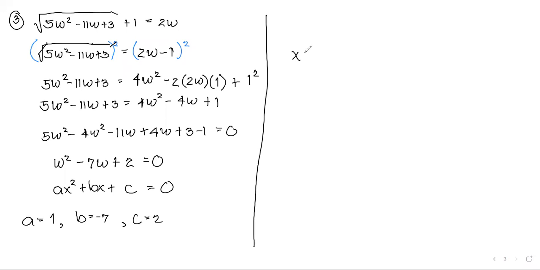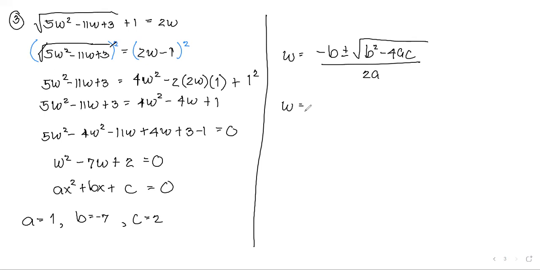Again, kanta tayo. Since w yan, w gamitin natin. Okay, so negative b plus minus the square root of b squared minus 4ac over 2a. Yan na quadratic formula. Ayan, so hope marunong kayo mag-derive niyan.